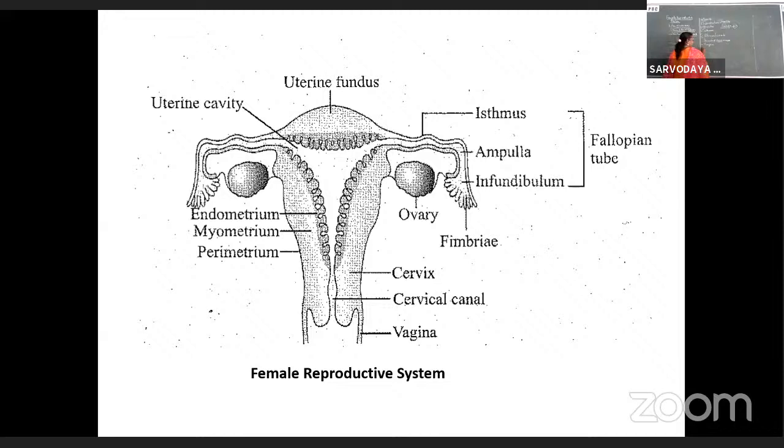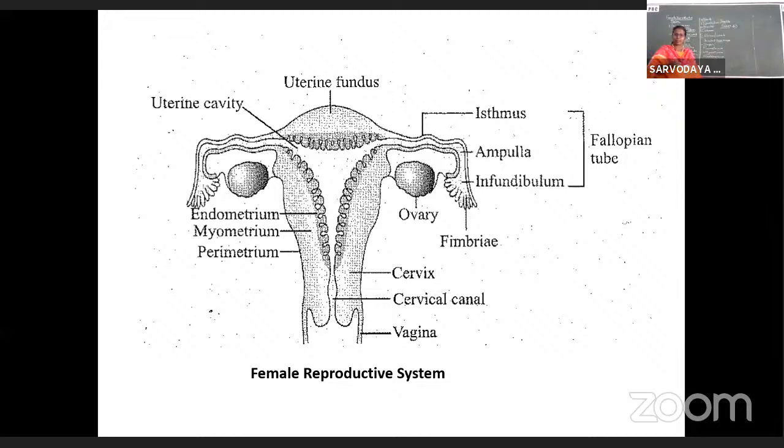The first layer we call perimetrium, the outside; followed by the middle, myometrium; and what is the third one? Endometrium. All of you look into the diagram, you can see all the 3 layers.